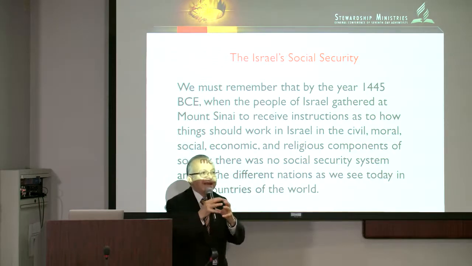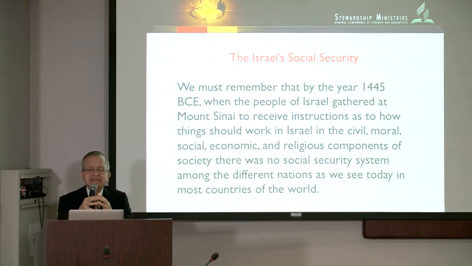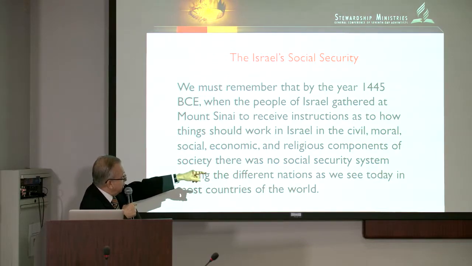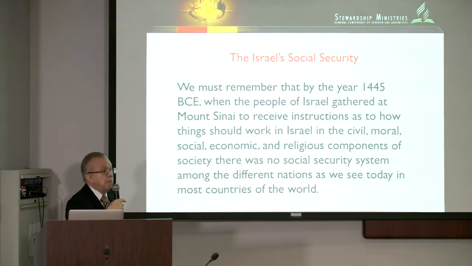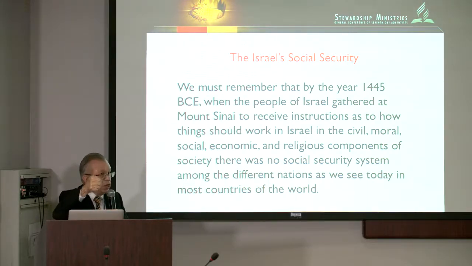Remember, all the package of commandments and laws was 613, including the civil law, the moral law, the social law, the economic laws, and religious, because Israel was not only a religion, but was also a state.